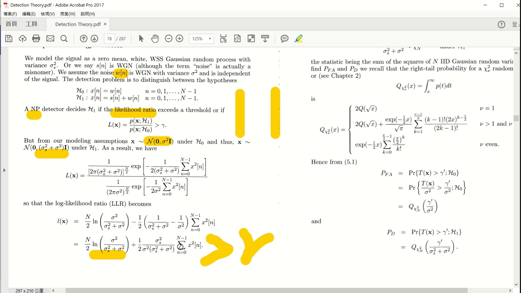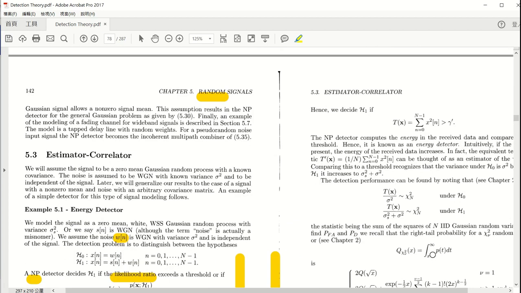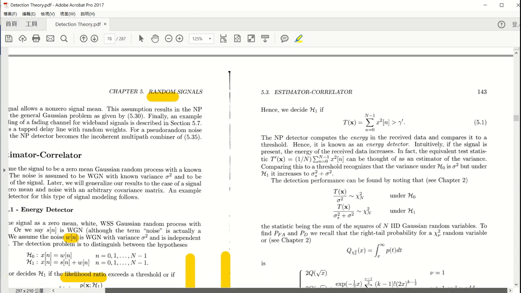Eventually, what's left at the left hand side is the summation of x squared, right? So eventually we will just say this thing is larger than gamma prime, because that gamma prime includes everything that's known at the left hand side. We just put it at the right hand side. So with this explanation, now you should know why we get this term, right?